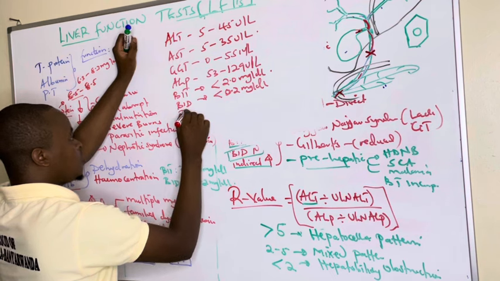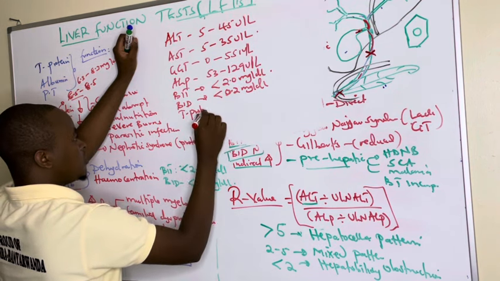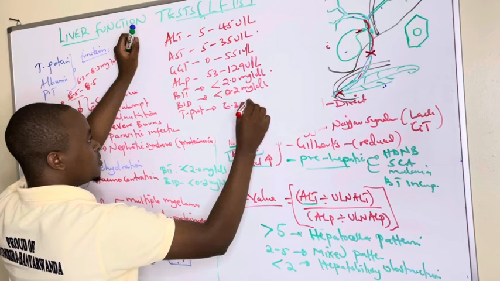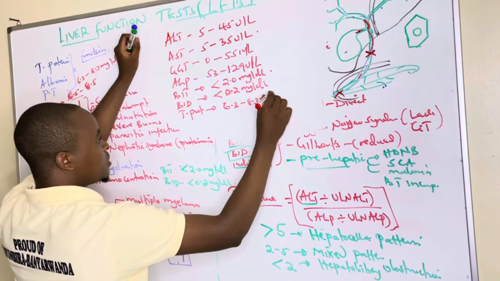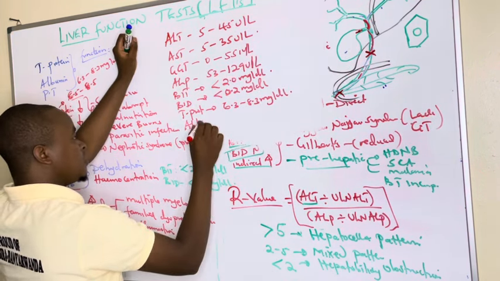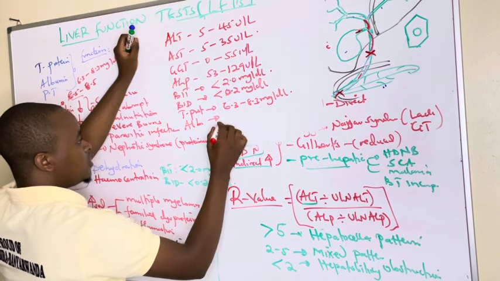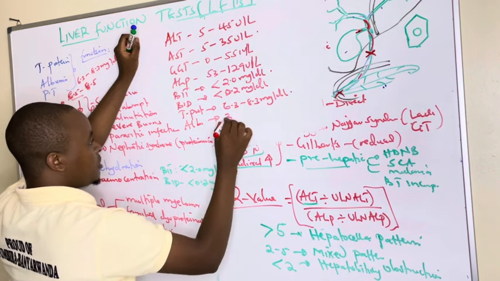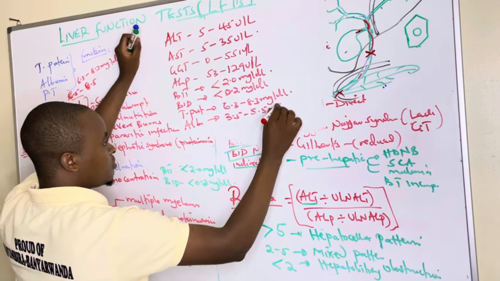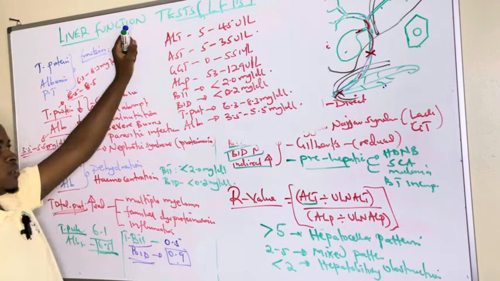Then total protein should always be between 6.3 to 8.3 milligrams per deciliter. Then lastly, albumin should always be between 3.5 to 5.5 milligrams per deciliter.